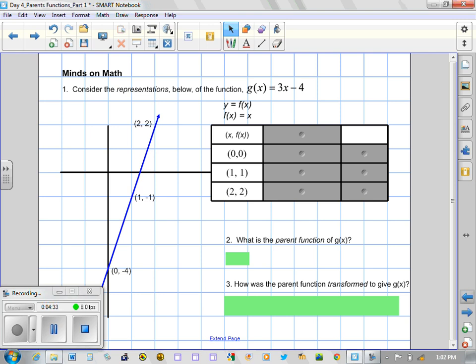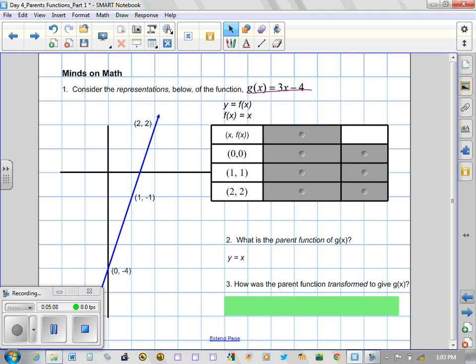What we're going to do is we're going to take a look at the function equation, which we have here, and we're going to identify just exactly what transformations are being made to the parent function of g at x, which is the answer to question number 2. What is being done to y equals x to produce the blue graph, which is also going to produce the ordered pairs that we can see on the graph.